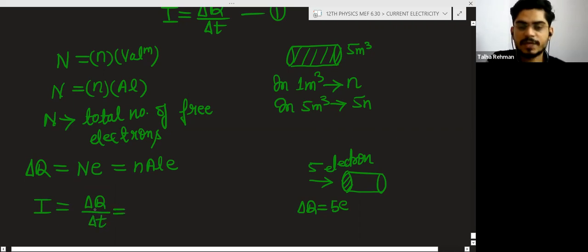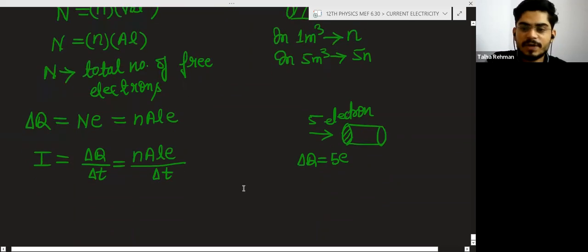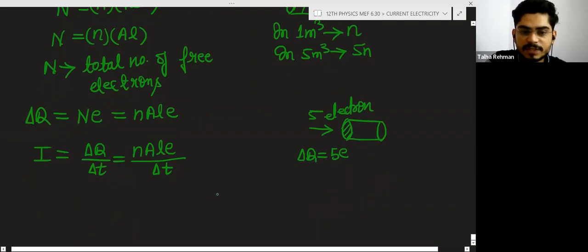Current is delta Q by delta T, and delta Q is given as N a e L, divided by delta T. But we know that speed is equal to distance upon time. L upon delta T is the magnitude of drift velocity.